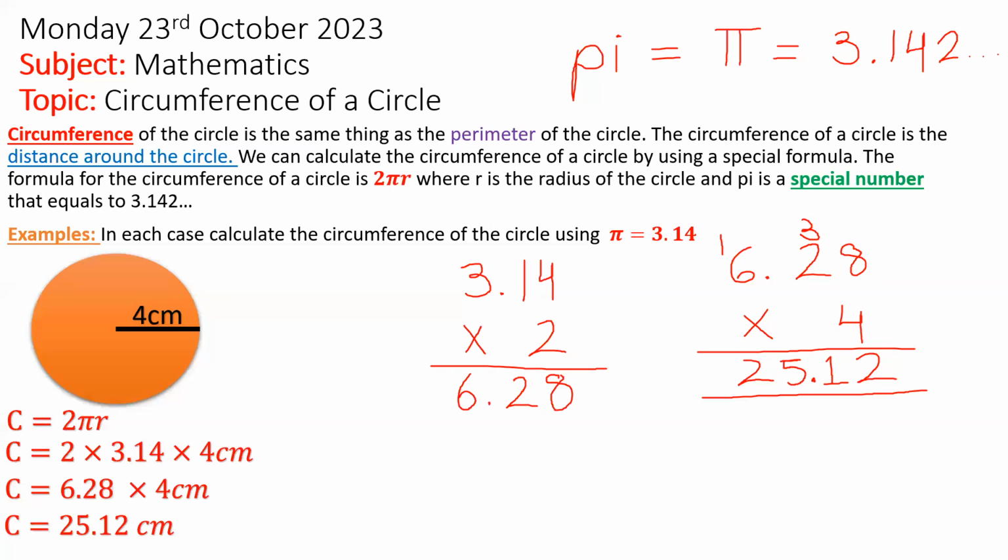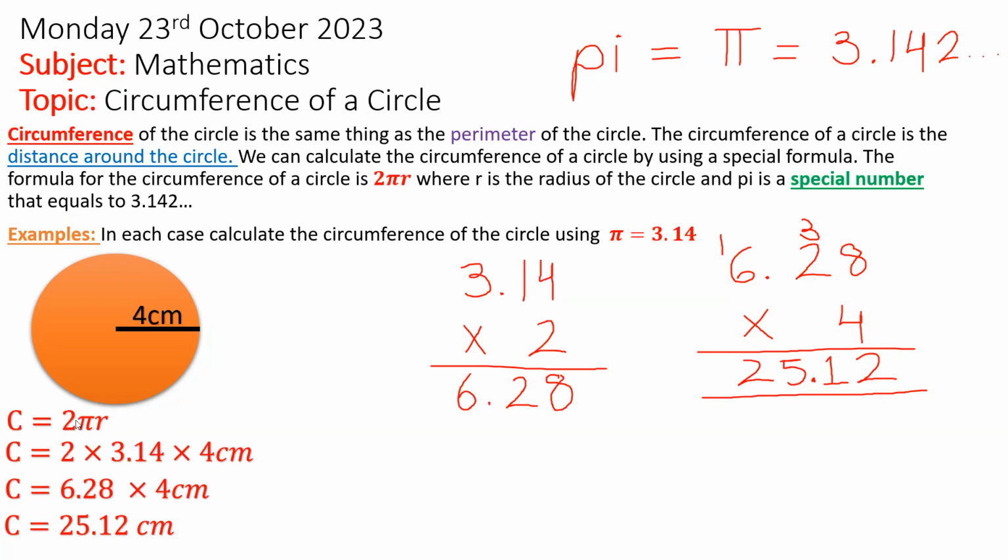Stenay Penniman, are you there? All right, can you explain how I got 25.12? Multiplied 6.28 times 4.